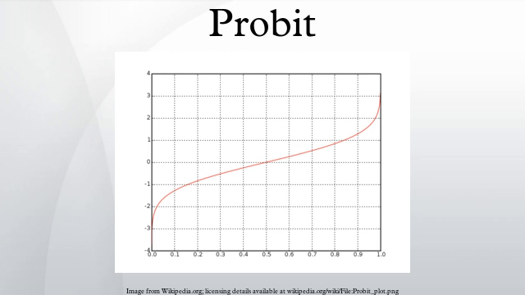Computation: the normal distribution CDF and its inverse are not available in closed form, and computation requires careful use of numerical procedures. However, the functions are widely available in software for statistics and probability modeling, and in spreadsheets. In Microsoft Excel, for example, the Probit function is available as NORM.S.INV(p).